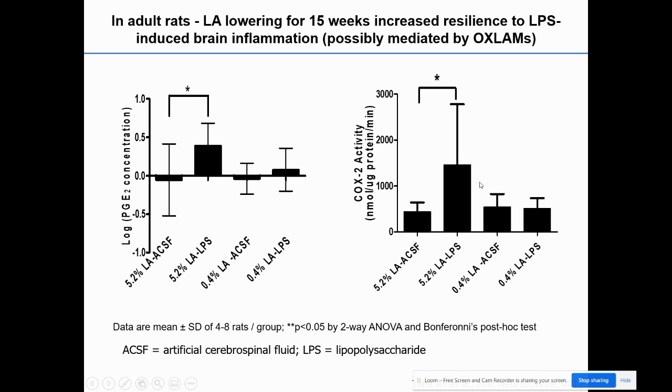And we're still working on this, but we're thinking that these inflammatory effects are mediated by the OXLAMs, which are pro-inflammatory. So when you remove or reduce LA from the diet, you reduce OXLAMs, which is why you're probably not getting this inflammatory response you see in the 5.2% LA dietary group.